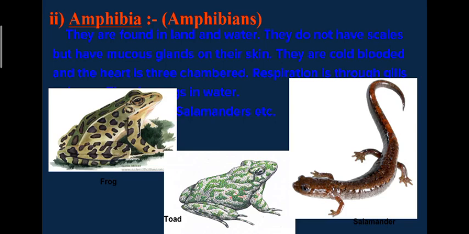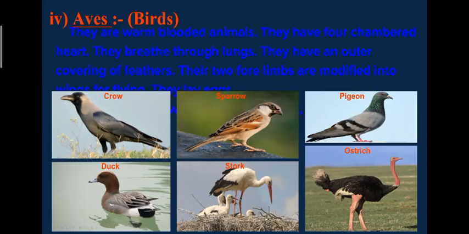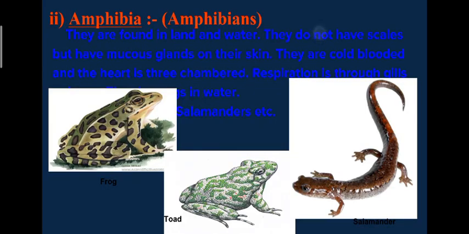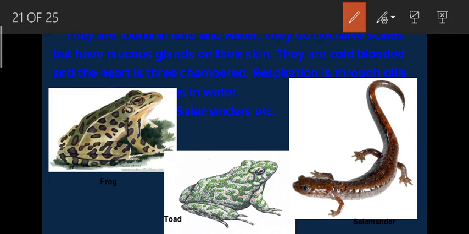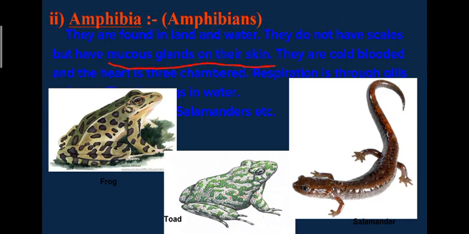Now they don't have any scales. They have mucus glands. So through those mucus glands they can respire. They have cutaneous respiration. Now all the fishes, all the amphibians, all the reptiles, and all non-chordates, protochordates, they are all cold-blooded organisms.